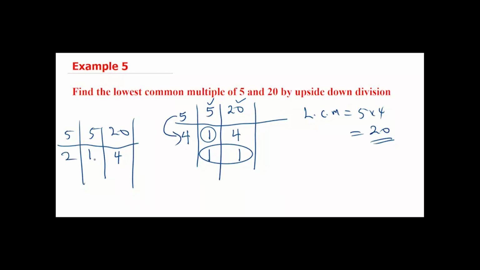You just repeat this one, then 2 goes in 4, you have 2. Now what can go in 2 again? It's still 2. You have 2 here, then you just repeat this one, and 2 goes in 2 once. So once I have 1 and 1 here, that means I'm done. In this case, I'll multiply this by this and by this. So my LCM will be 5 times 2 times 2, which is still 20.